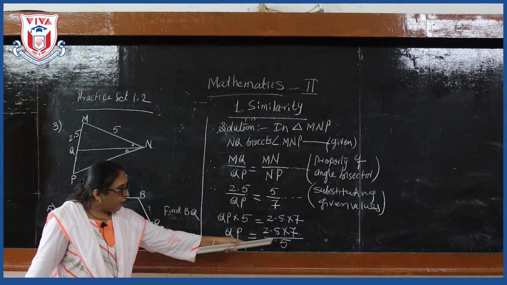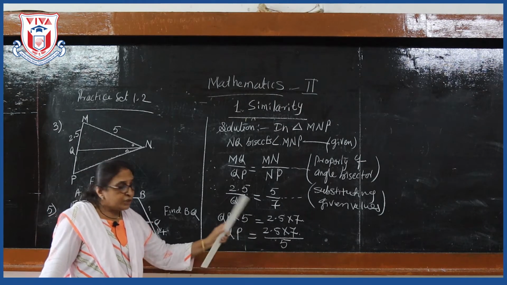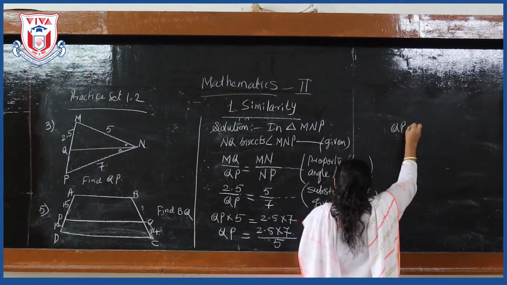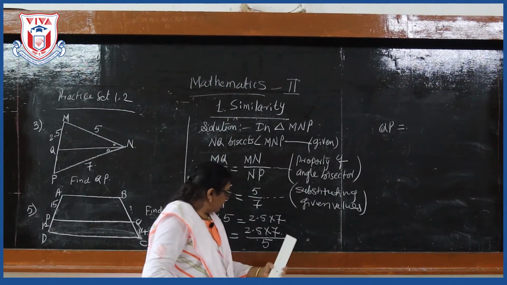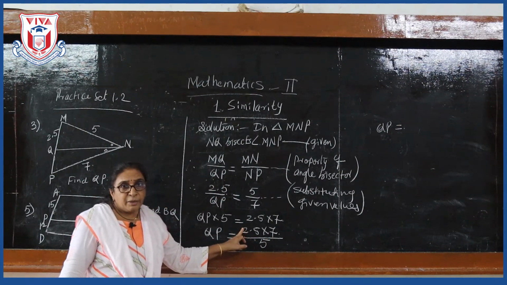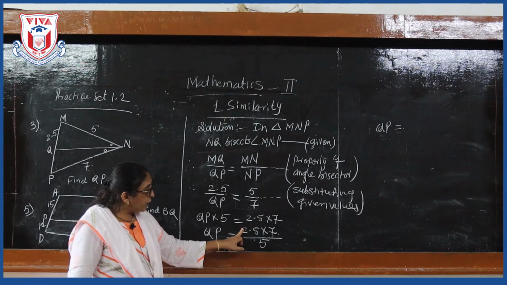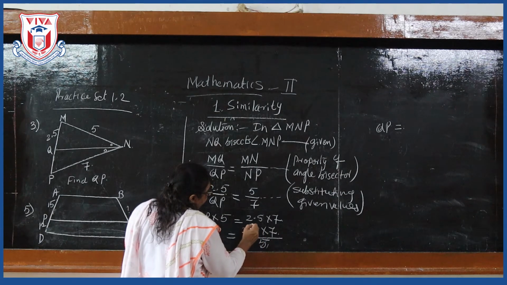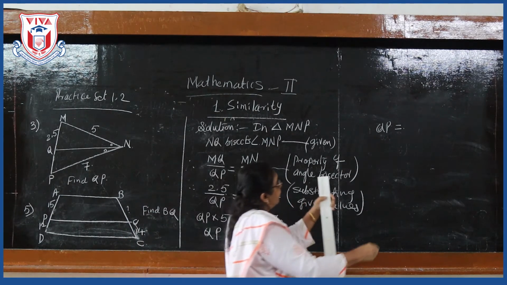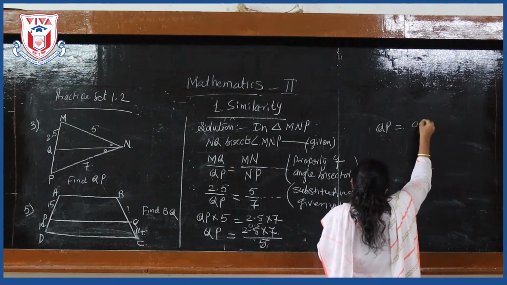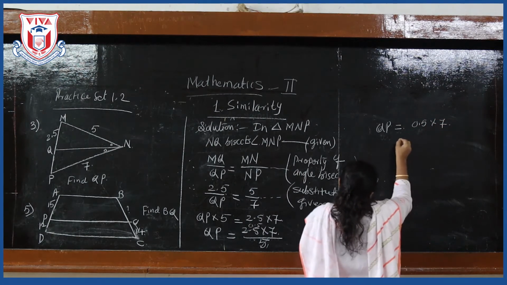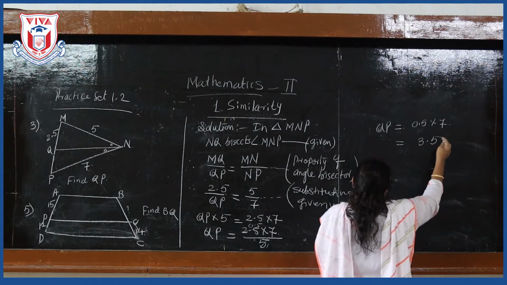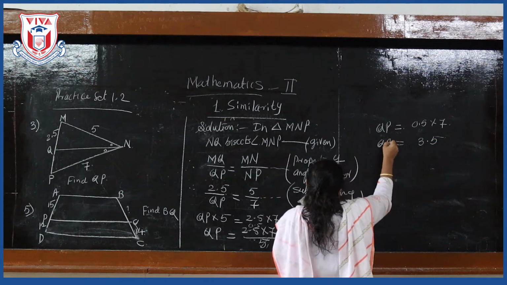Now 2.5 and 5, this division can be done. 5 5s are 25, but as here it is 2.5, you will get 0.5, into 7, and 7 5s are 35, that means 3.5.